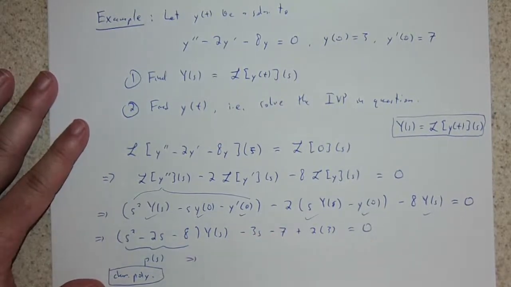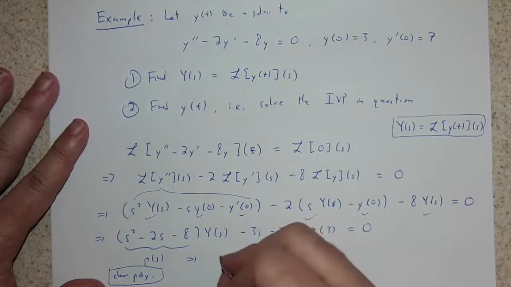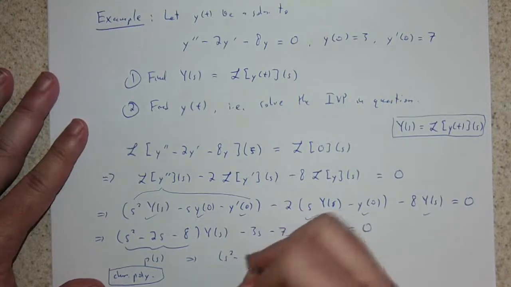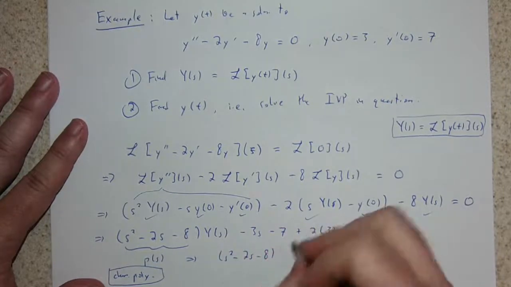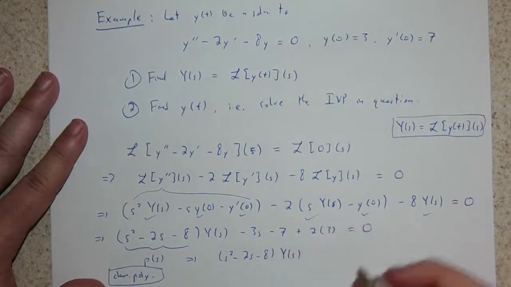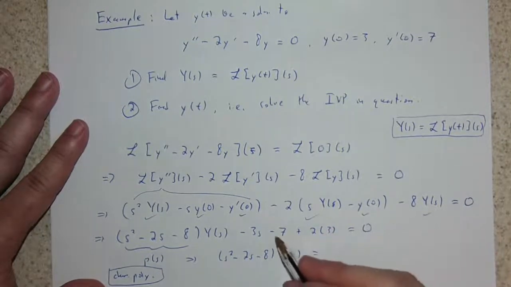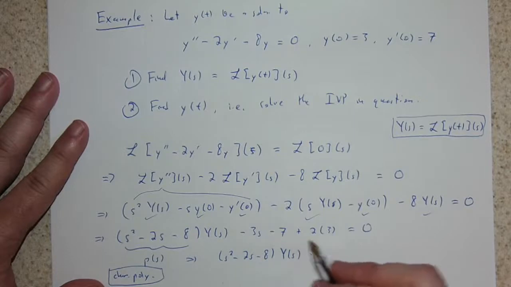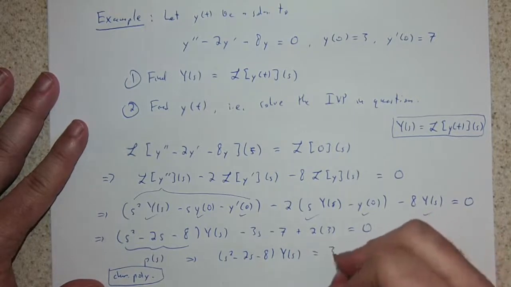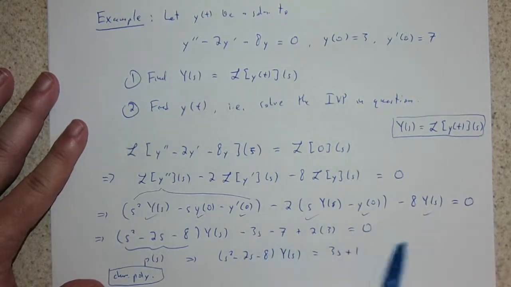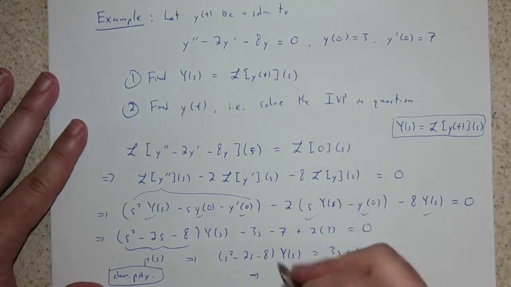So what do I get here? I get s squared minus 2s minus 8 times big Y of s is equal to, this is plus 6, so this is minus 3s minus 1 here. So this is equal to 3s plus 1. I've now moved this to the other side. And now I divide both sides by P of s, the characteristic polynomial.